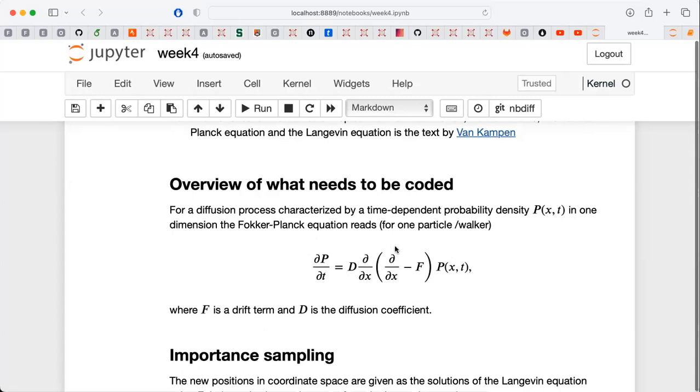The standard diffusion equation, which leads to the Gaussian or normal distribution, is the first term. But then we have a drift term, which is the spatial derivative of the force.